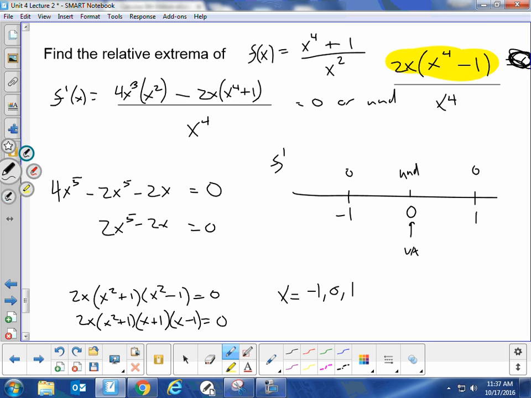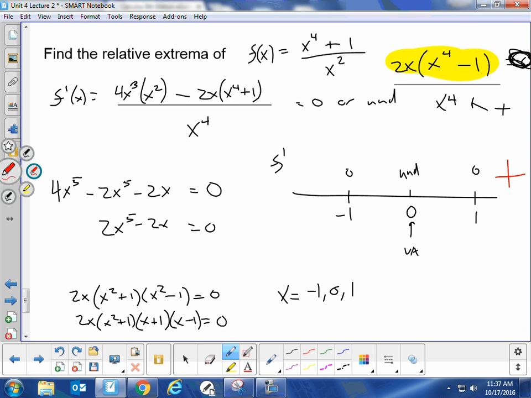Because I know x to the fourth will always be positive. That's important to know. It'll always be 2x and x to the fourth minus 1. Okay? Now, I plug in a value like 2. Denominator is positive. This will be a positive. 2 to the fourth is definitely bigger than 1, so this will also be a positive. So I have a positive here.